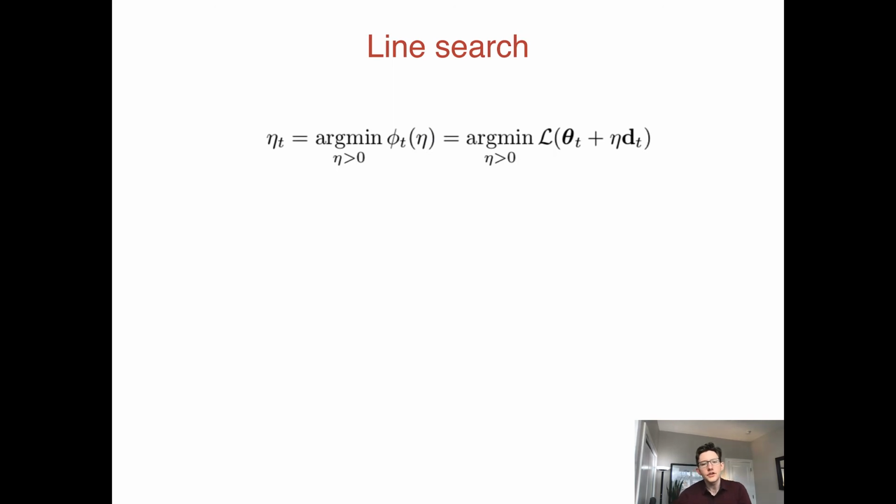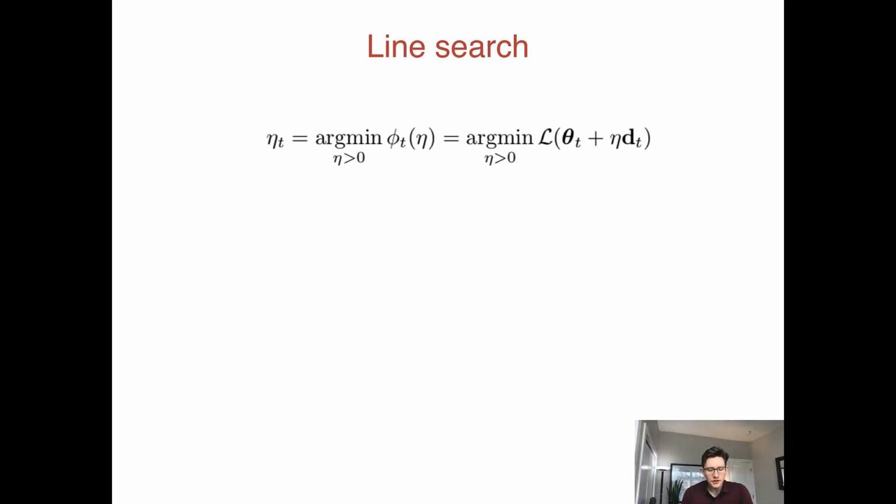So given issues with using a constant step size, let's look at a couple of other options. The first is line search. So at each iteration, again, we compute this descent direction d.